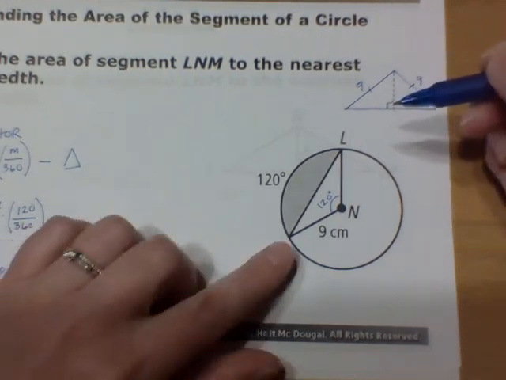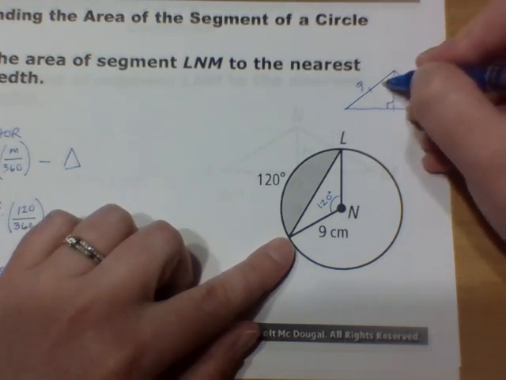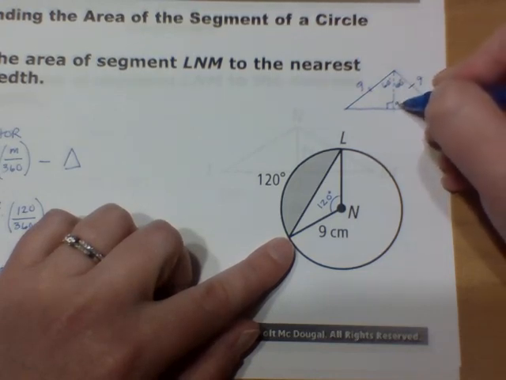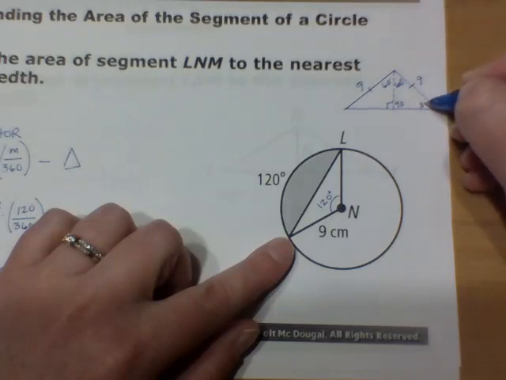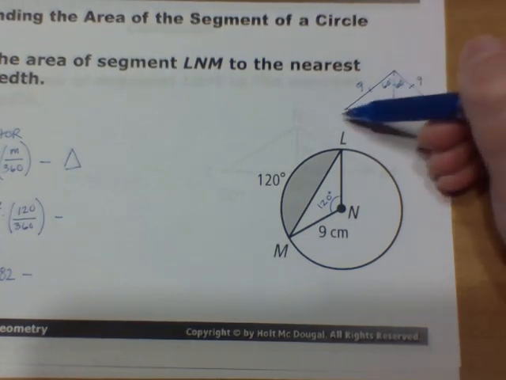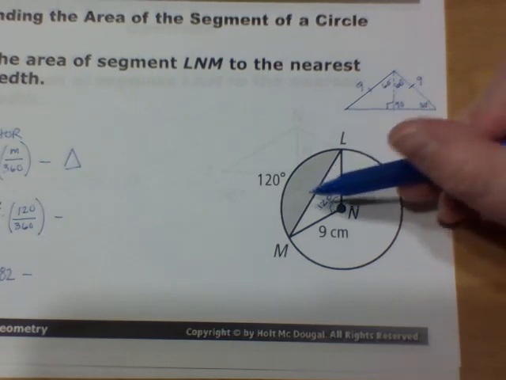And so we could actually call this, since this is 120 up here, a 60 and a 60. And then because those are 60 and this is 90, this is 30. So we can either use trig or a special right triangle to find out what the height is and the base is, because those are the pieces that we need in order to find the area of a triangle.